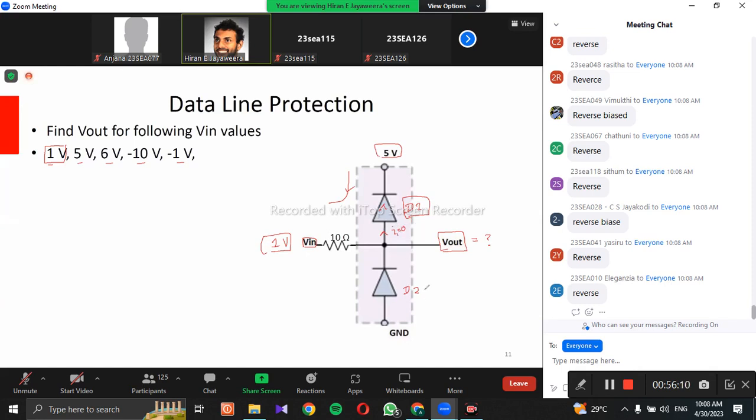Then what can you say about the D2 diode? Is it forward bias or reverse bias? Everyone give me the answer.